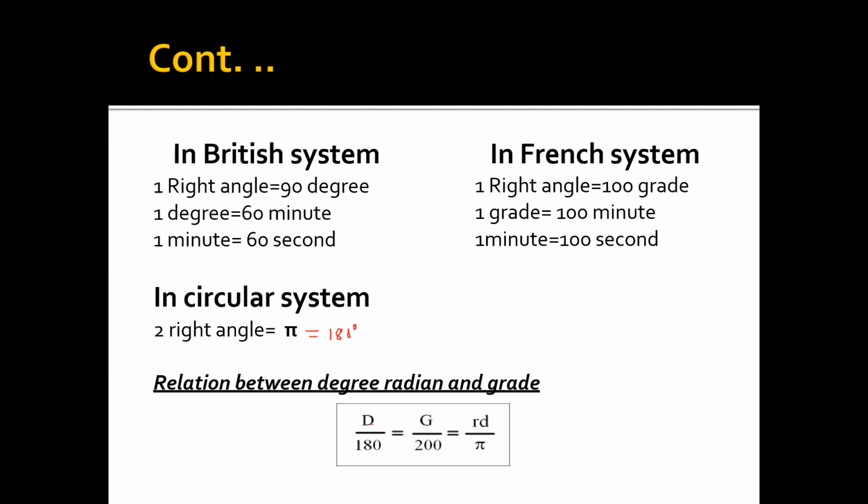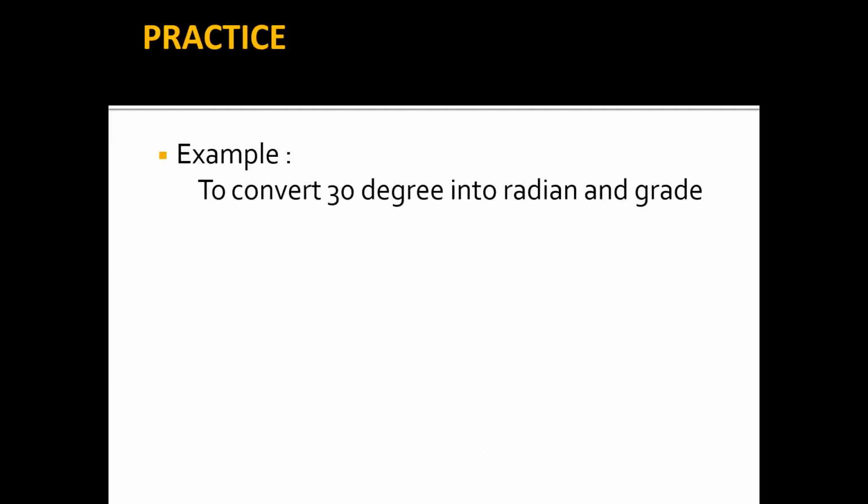The relation is D by 180, where D means degree, equals G by 200, where G means grade, equals radian by pi, and the pi value is 180 degrees. These are the conversions we have to keep in mind that will help while solving problems.